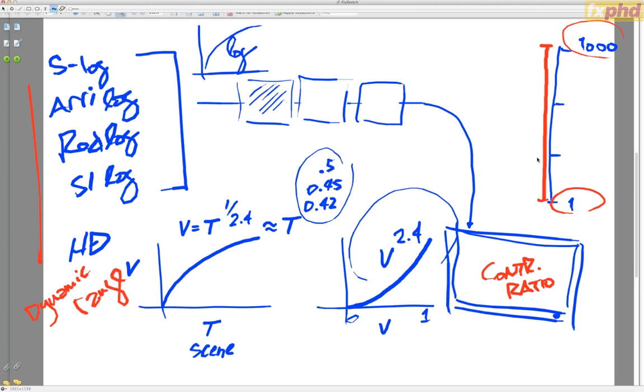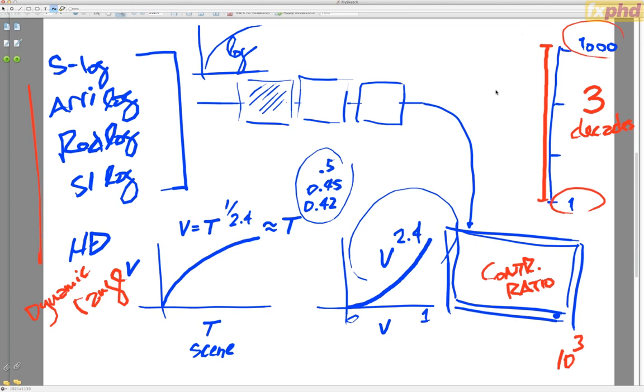Now, just to warn you, in terms of dynamic range, if you think of this scale of 1,000 to 1 taking place out in the camera, 1,000 to 1 is 3 decades, 3 factors of 10, in other words, 10 to the third.